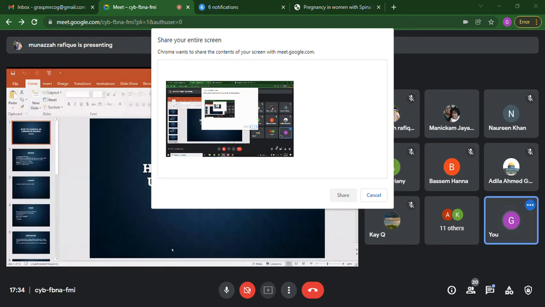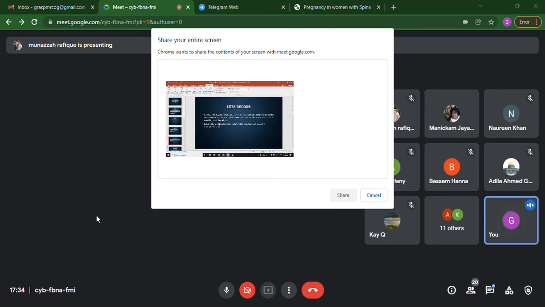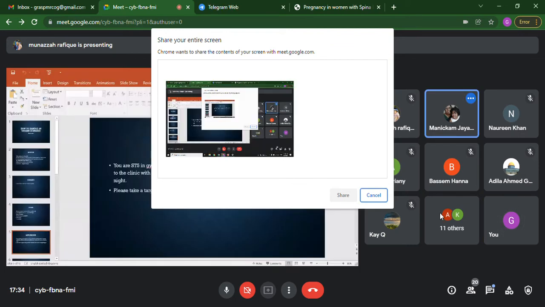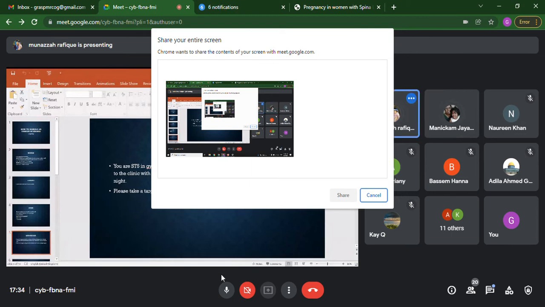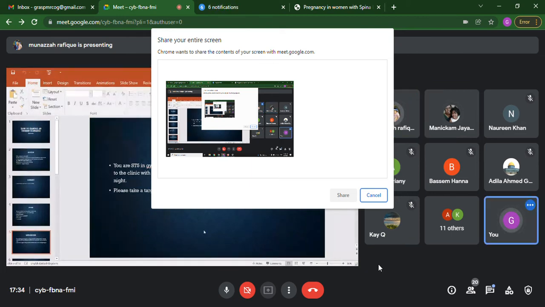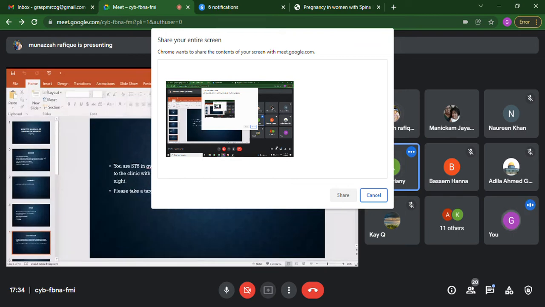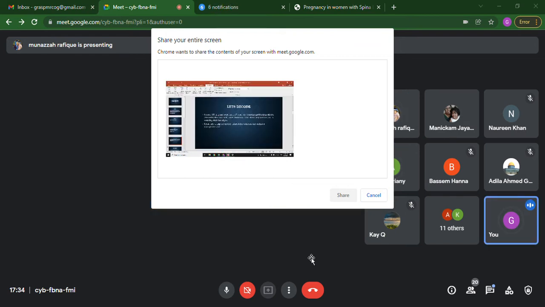Munaza, if we can go to slide 5, please. We are on slide 5. Can you guys see the screen? Yes. Okay, perfect. So what do you think?